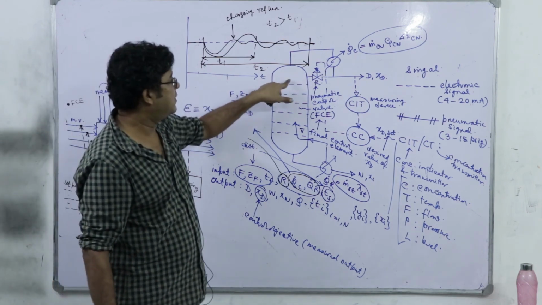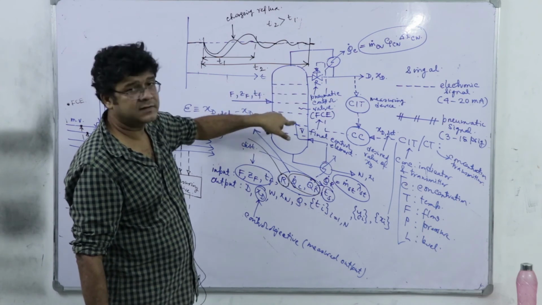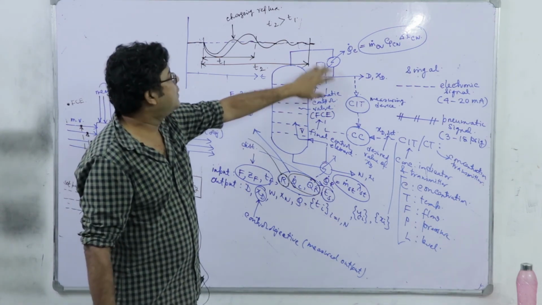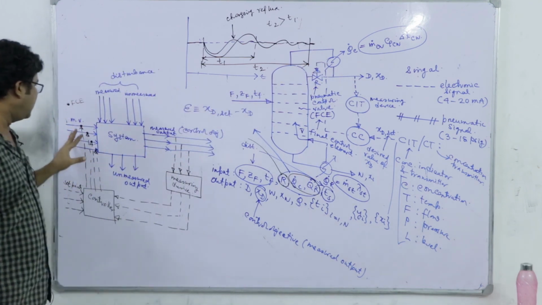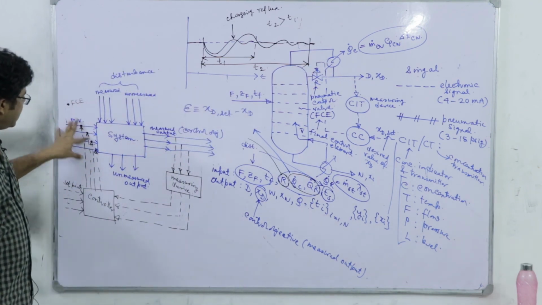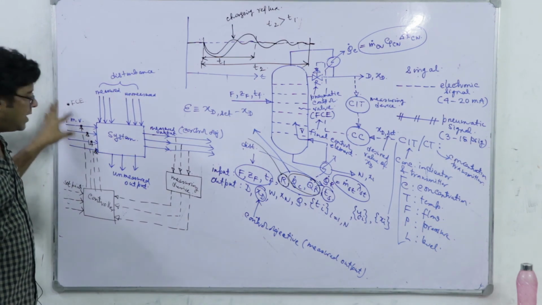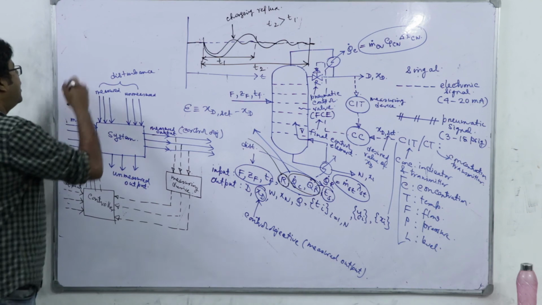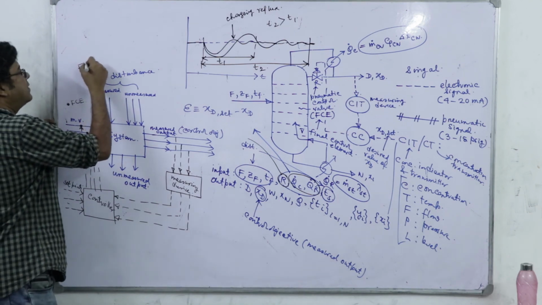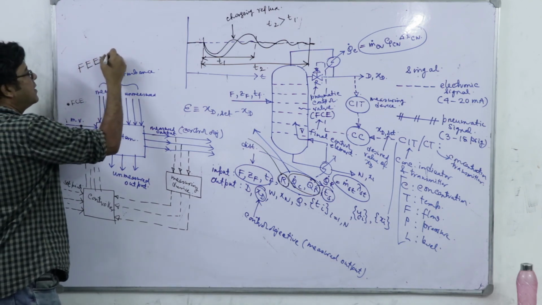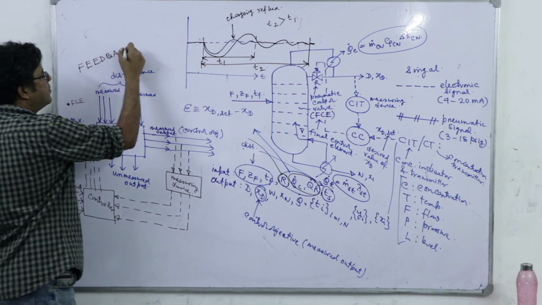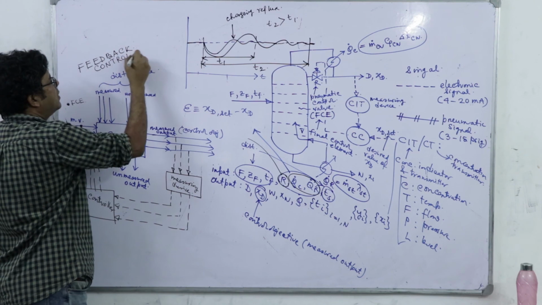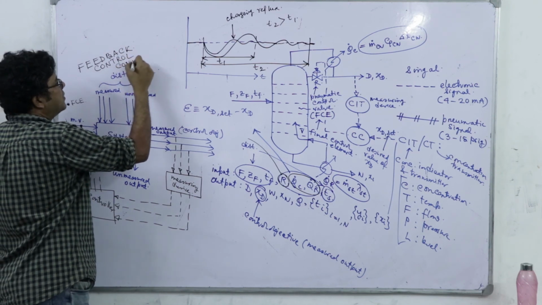We are changing the flow rate of this reflux and thereby we are altering the reflux ratio. It's a kind of control valves, pneumatic control valves in most of the cases. Okay. So, that is the scheme of what is referred as feedback control system or feedback control configuration.